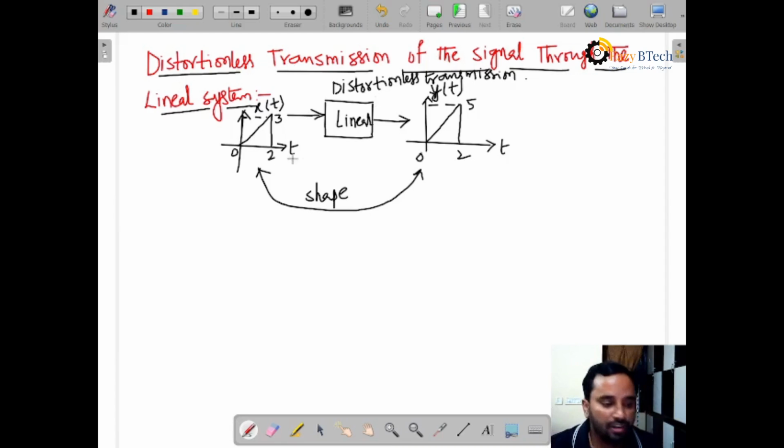So we are transmitting the signal through a system, and we can say distortionless if the output signal is exactly the same as the input signal. So that point I am writing here. What is the meaning of distortionless transmission?